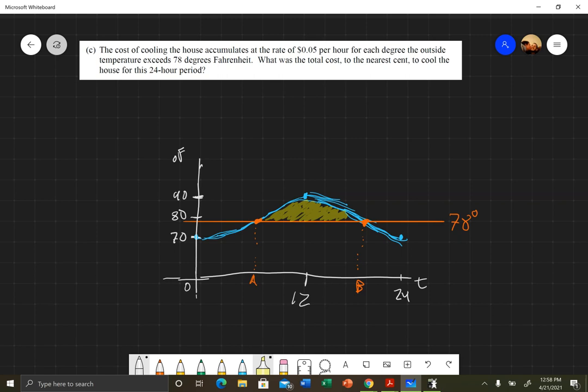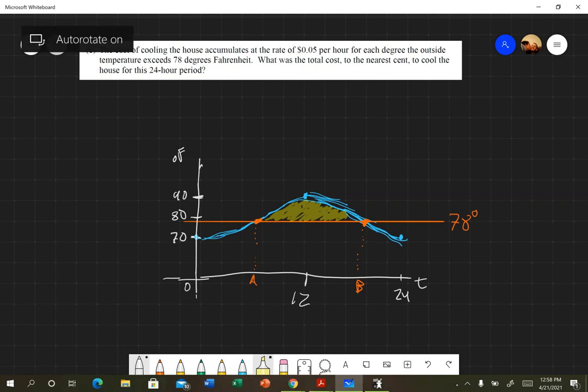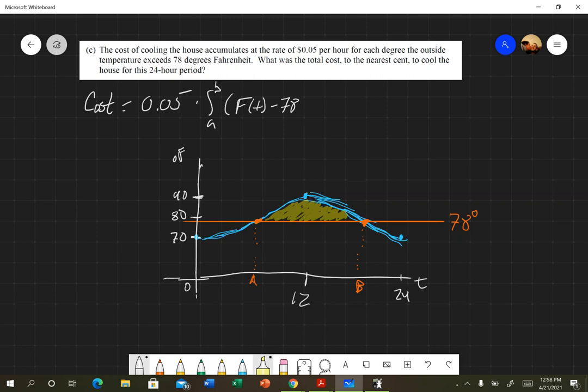So the cost is going to equal 0.05, right? That's the cost per hour, per degree Fahrenheit, times the integration from A to B of f of t minus 78 degrees, basically, with respect to t. Okay?